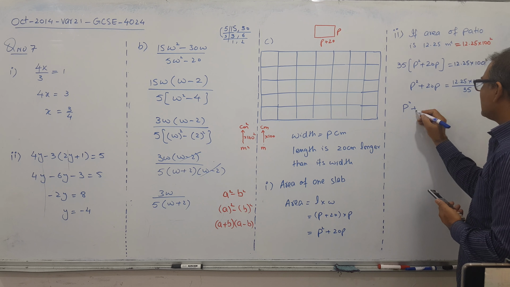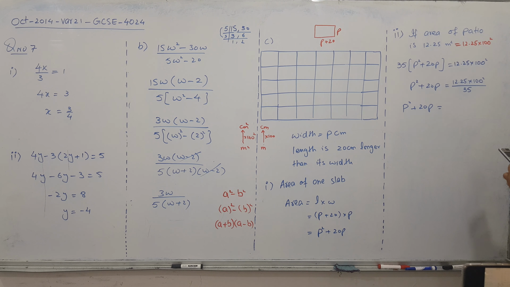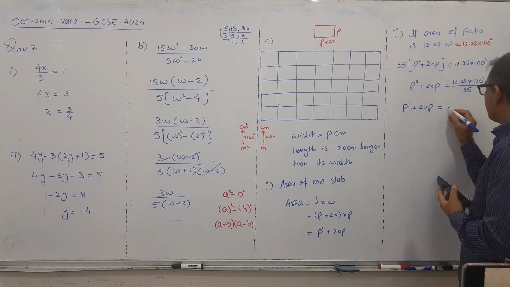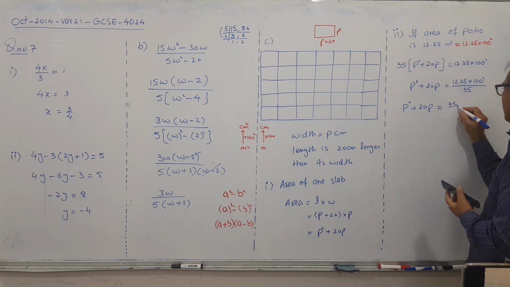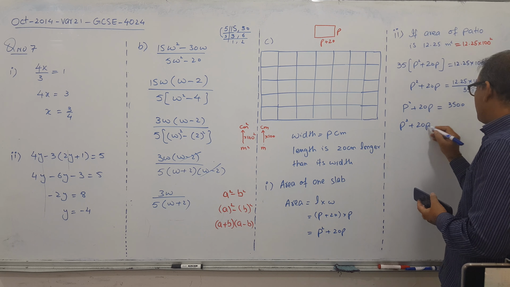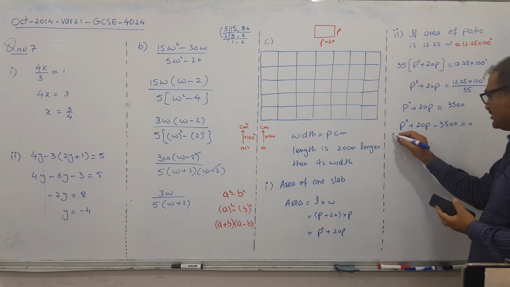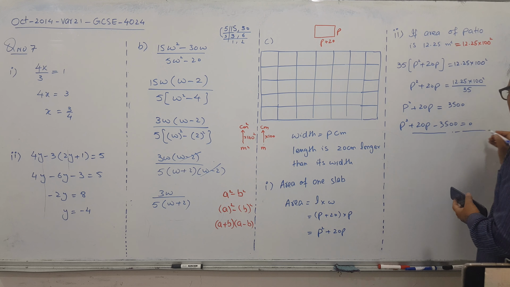So let's see what happens then. So into 100 square, it gives us 3500, and that is the correct answer. So actually we made a conversion mistake only, but we are done now. Bring it here, and p square plus 20p minus 3500 equal to 0, proved. So we have done the proving part.